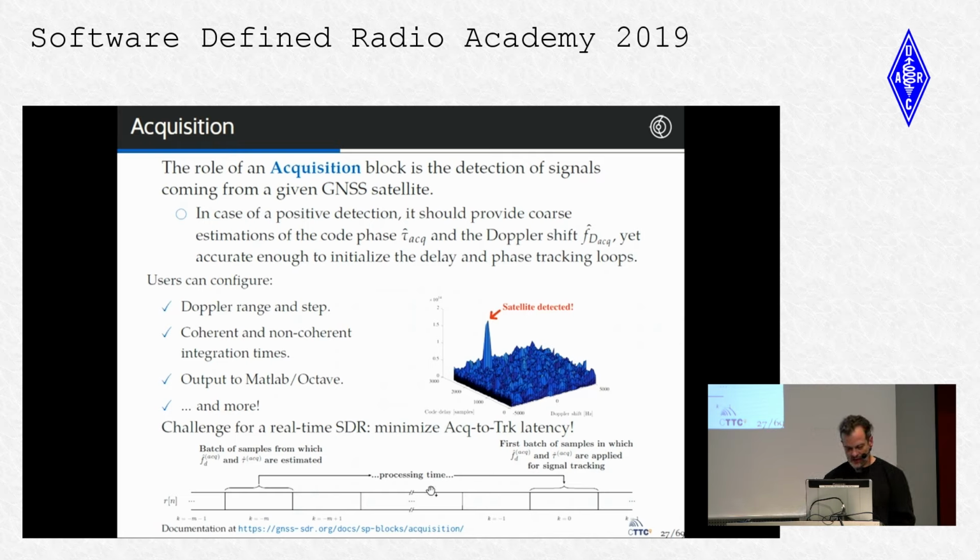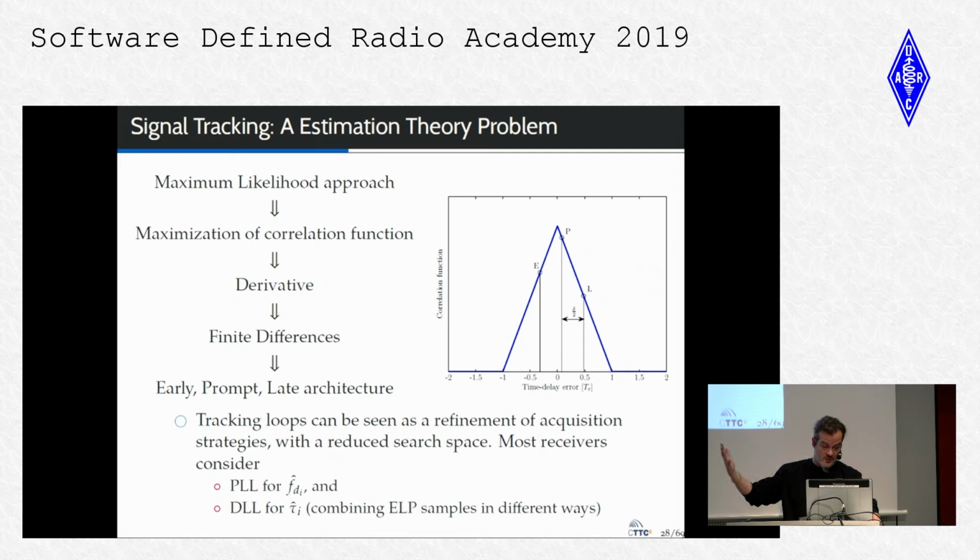Then we come to signal tracking. In this case, it's not a problem of detection theory, it's a problem of estimation theory. Here we follow the maximum likelihood approach, which says that you need to maximize the correlation function. The maximization of a correlation of any kind of function usually implies a derivative, because you want to find the zero crossing of this derivative.